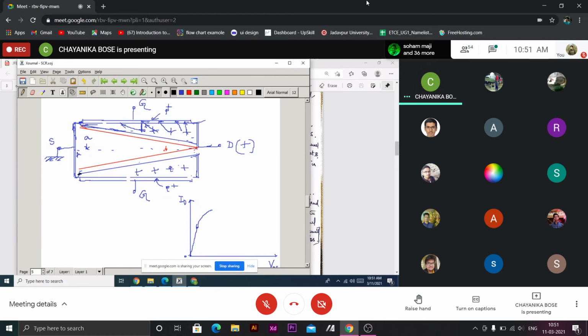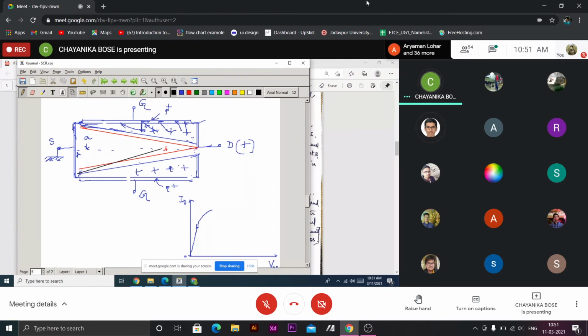My pinch-off voltage will depend on the structure of the material, ND and A. Pinch-off occurs when the depletion region within the n-type bar has width equal to A. We have to see that our W is a function of X. From source to drain end, the n-type bar gets higher and higher positive voltage.